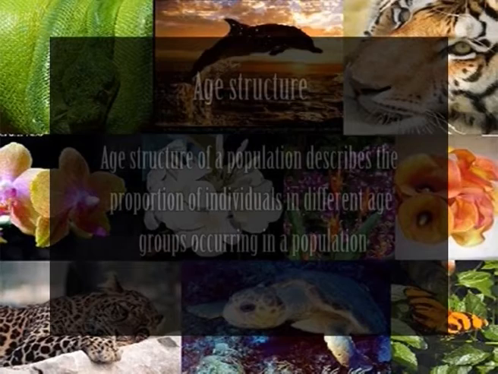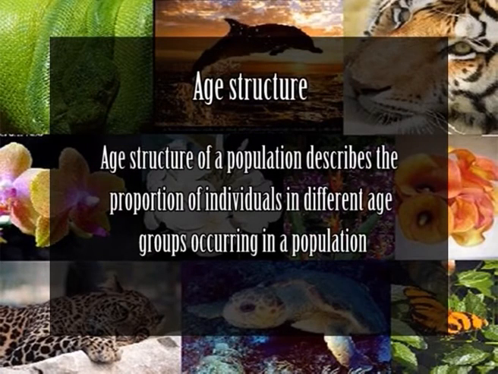Now, the second important secondary characteristic of a population is the age structure. Age structure of a population describes the proportion of individuals in different age groups occurring in a population. Generally, a population is divided into three age categories: one, pre-reproductive, second, reproductive, and the third, post-reproductive.